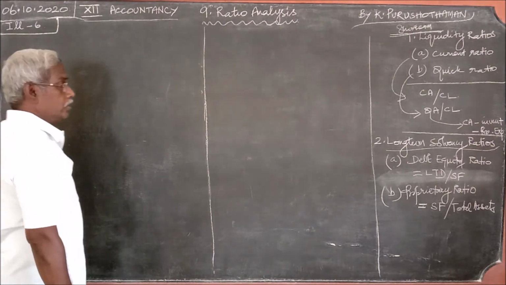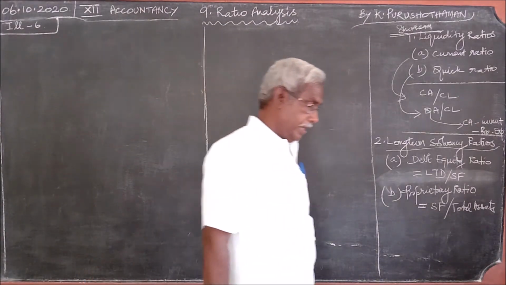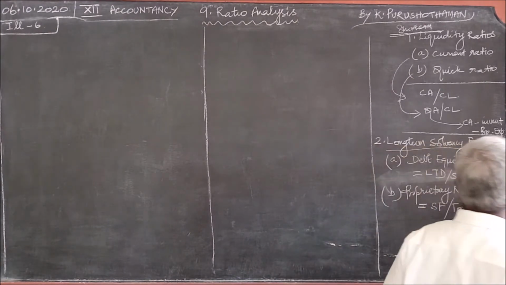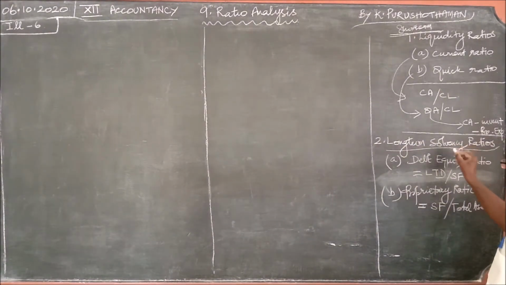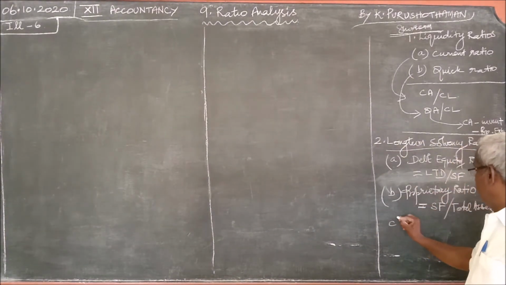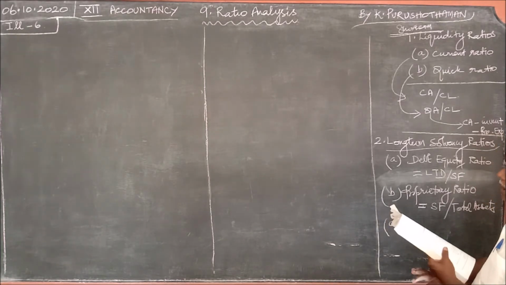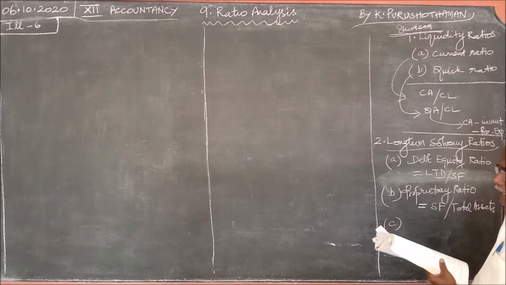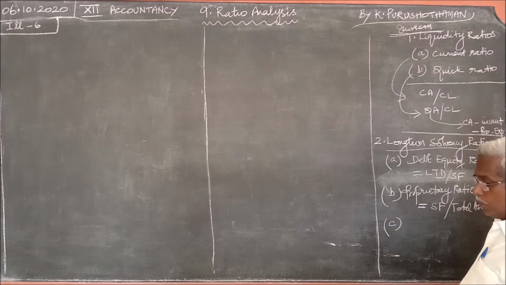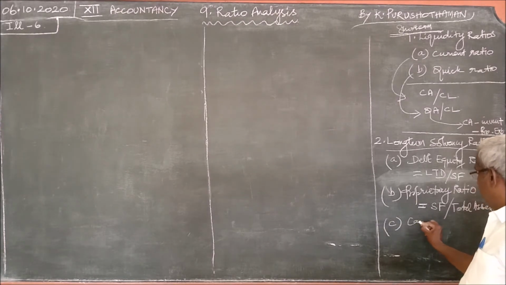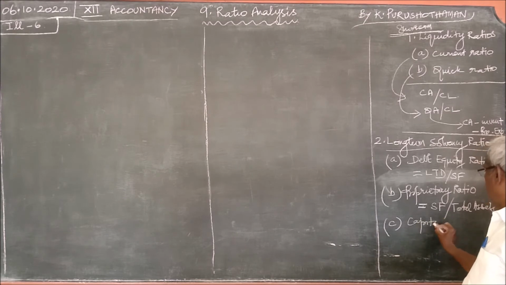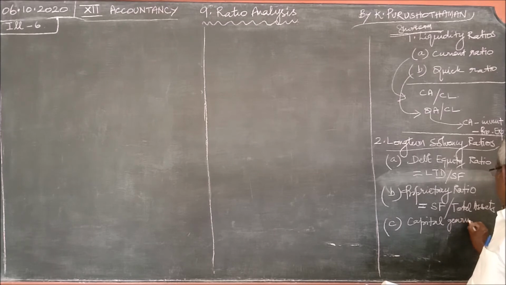We can go to illustration 6. And what is the third type of ratio under long-term solvency ratio? This ratio is called the capital gearing ratio.